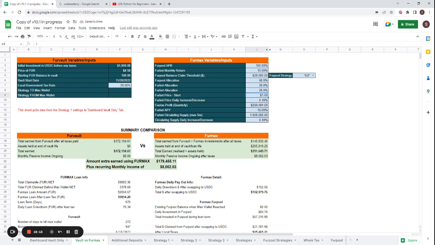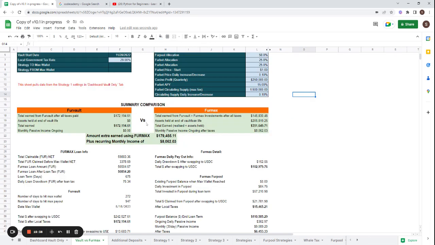Then the Furbet price, the percentage increase or decrease for the Furbet token, and what the casino profit is likely to be quarterly. Again, there's quite a lot of assumptions here, but this is pulled from the official Medium articles, APY and Furbet circulating supply, etc. If I was you, at the moment, until we've got more information, just leave these as they are.